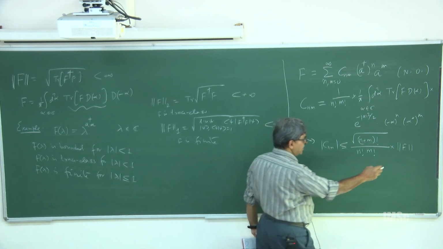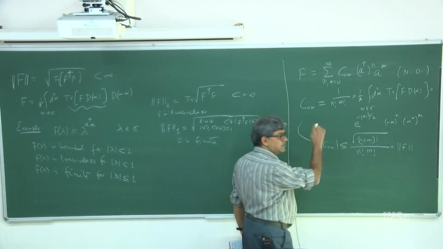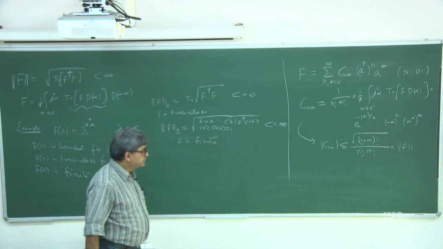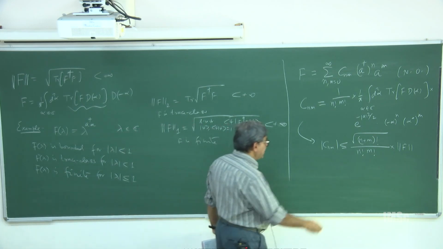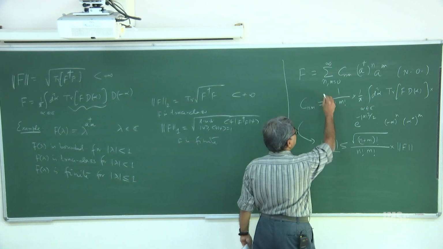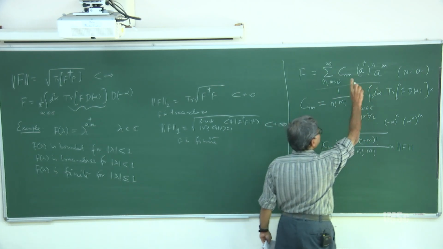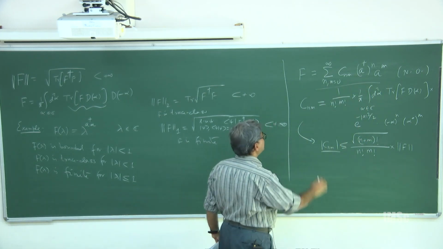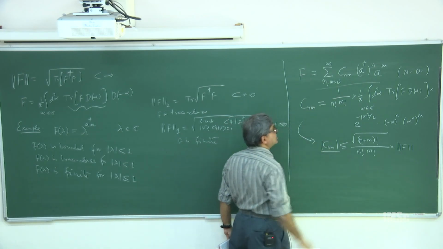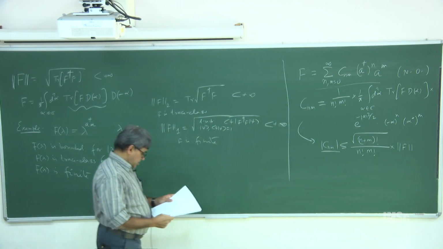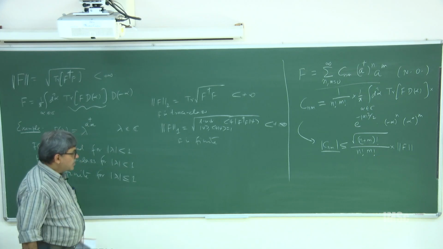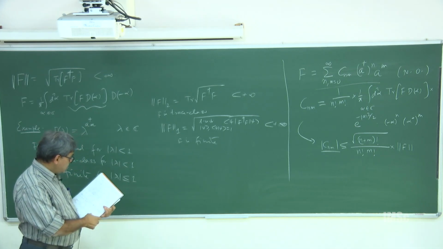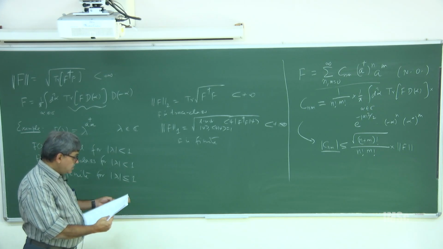If this is finite, then of course this will be finite and bounded, but finiteness of this does not necessarily mean that this series is convergent. For most of the bounded operators, one can show that this series is convergent.